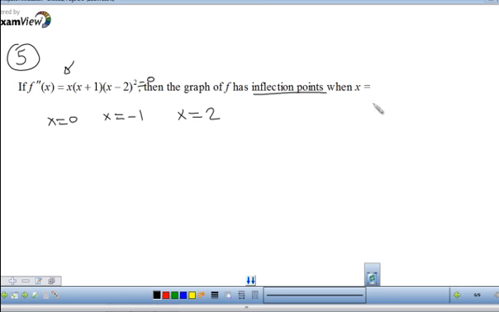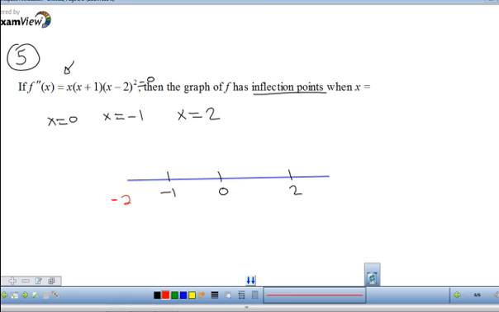Okay. So I'm going to use my line test. I'm going to check negative 1, 0, and 2. To the left of negative 1, I'm going to check negative 2.